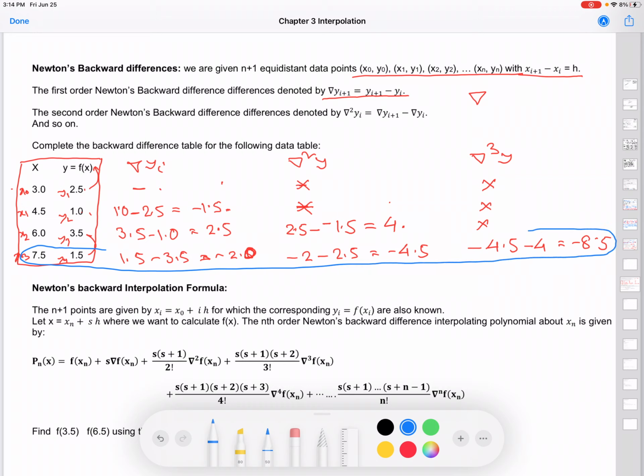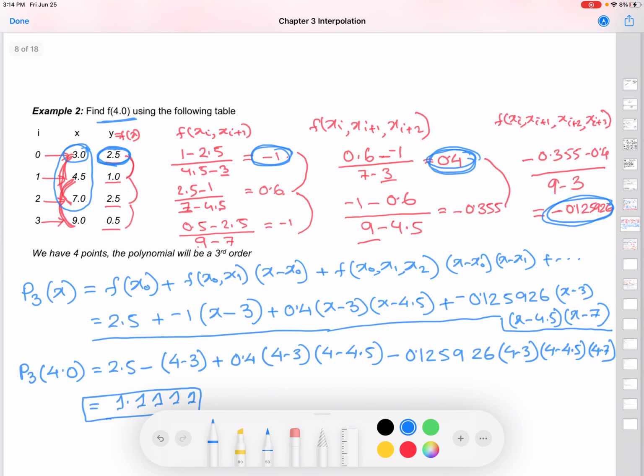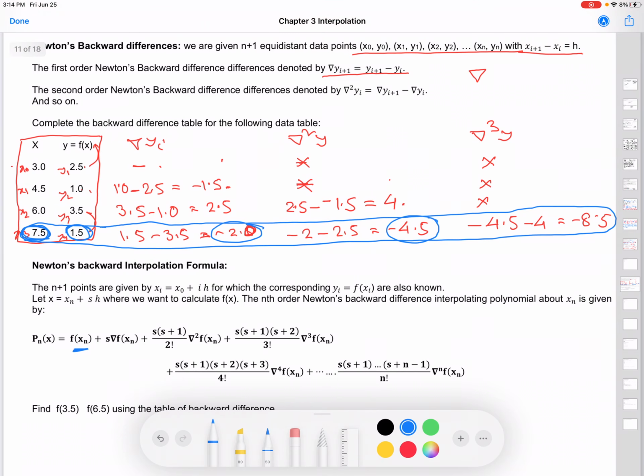We are going to use this row in the formula, and this formula works on f of xn, that means your last point. So this is your xn, f of xn, first order difference at xn, second order difference at xn, and third order difference at xn.